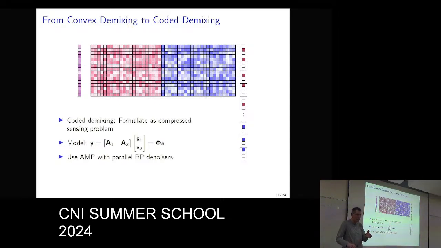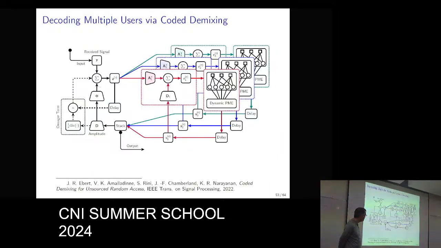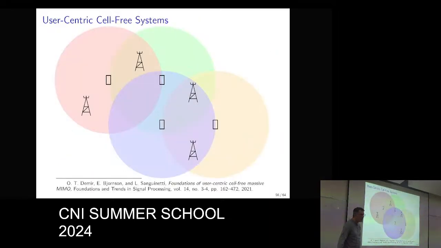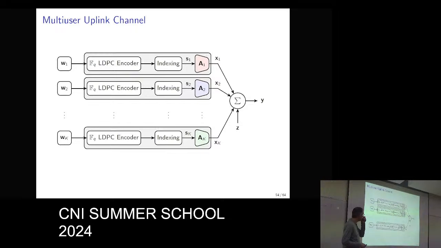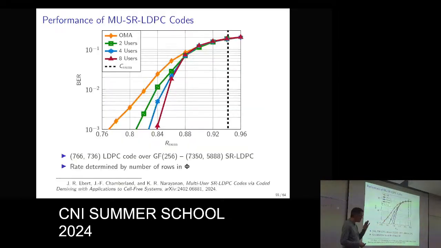So I've sampled the rows at random, and I look at one column. It will essentially look like a Bernoulli random realization. So they're adding up in a non-orthogonal fashion. This is definitely a non-orthogonal multiple access scheme.